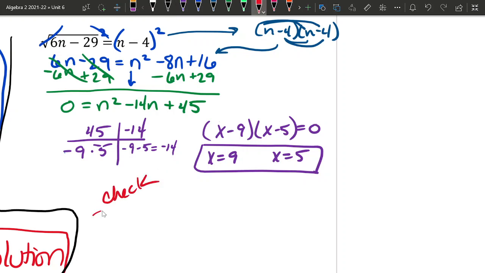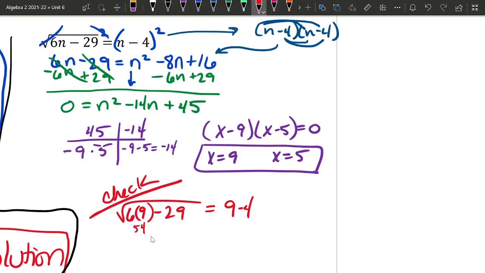Alright, so I'm going to check it. I have the square root of 6 times, I'll check the 9, 9 minus 29 equals 9 minus 4. Alright, so 6 times 9, that's 54. 54 minus 29 is what? 25?